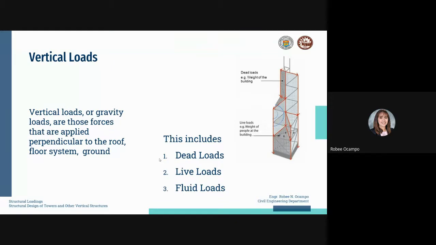The vertical loads are also called gravity loads, forces that are applied perpendicular to the roof, floor system, or to the ground, particularly going down in direction. These are considered to be vertical loads. The common loadings here are the dead loads, the live loads, and the fluid loads.